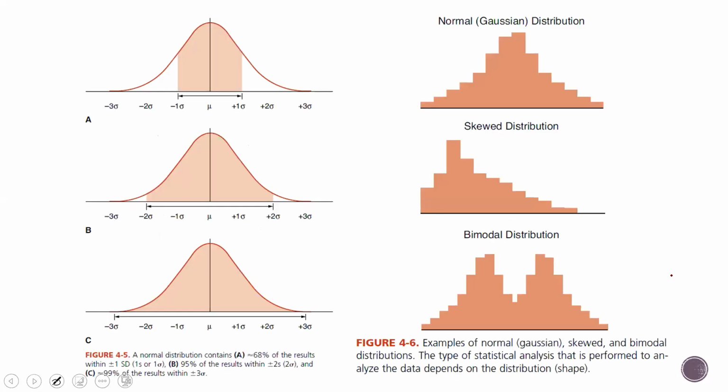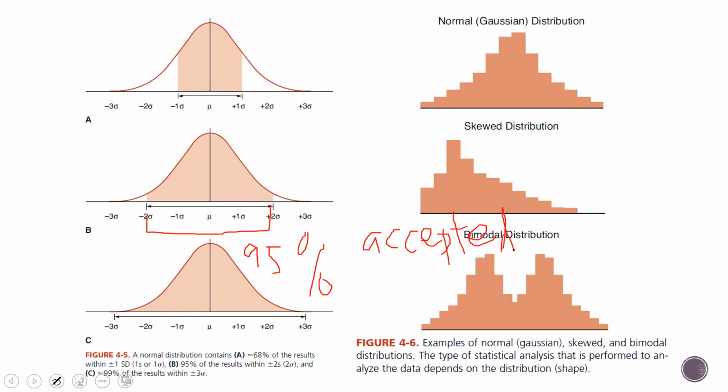Ayan. So, if your points or if your control values fall within the range of 95%, ibig sabihin nito, yung control values mo acceptable. Okay? Those that fell outside 95%, usually, ito na yung nagkukos ng error.